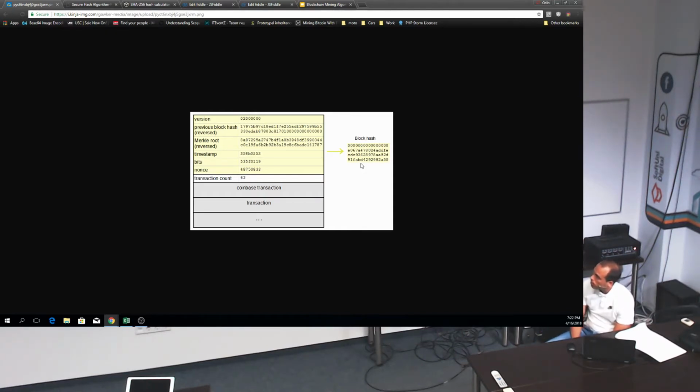As we said, every miner is getting a bunch of transactions and is trying to validate the next candidate block that must be added to the blockchain. This is the information that every block has, and the first of the transactions in the list is the so-called coinbase transaction.